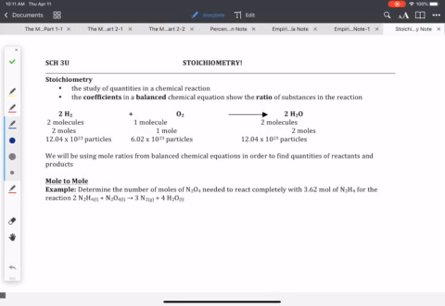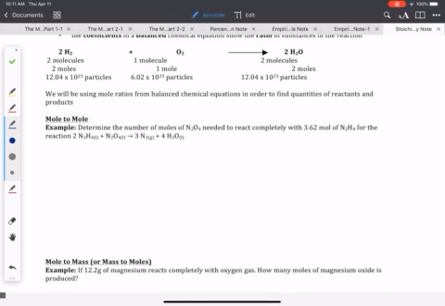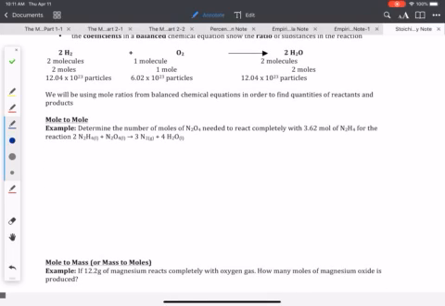In the first example, it's the most straightforward stoichiometry question you might get asked. It says if you have 3.62 moles of N2H4, how many moles of N2O4 are you going to need? So you're given moles of one thing, and you're asked for moles of another.